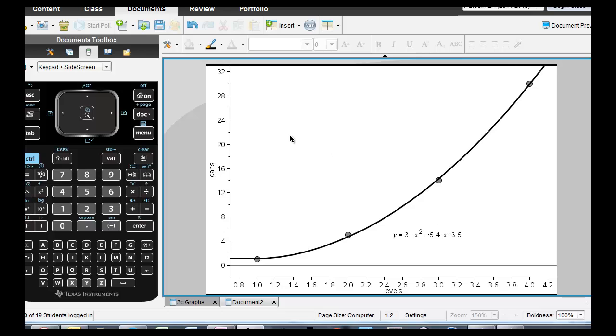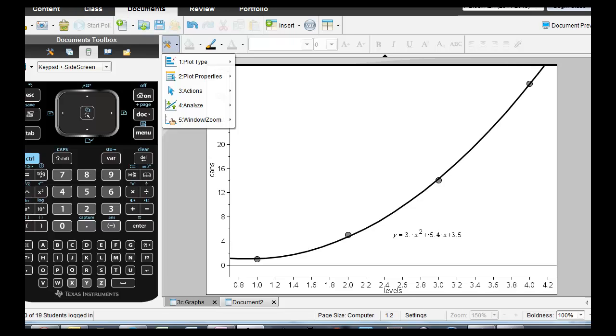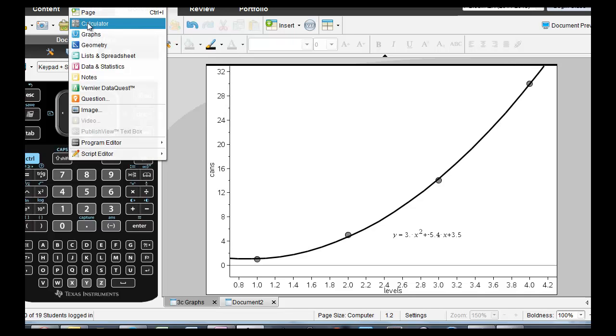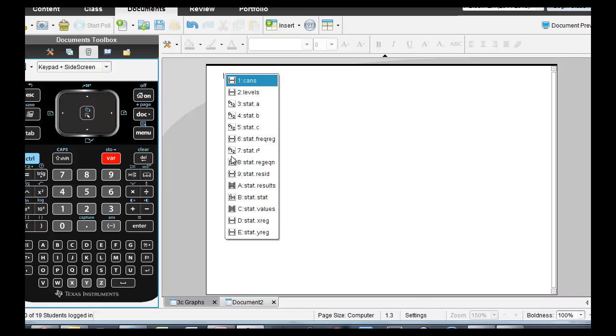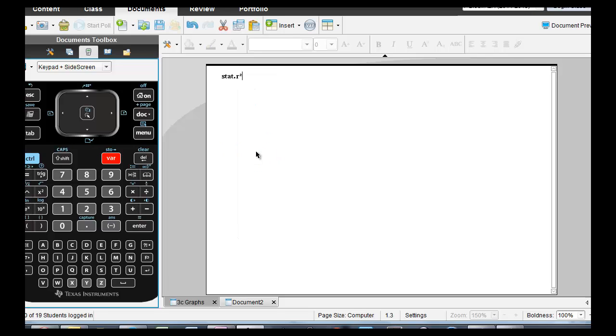Let's look at our r squared variable. In order to do that, I'm going to go over to a calculator page, look at my variables, and pick the stat r squared variable. It says 0.999598. That's a pretty good fit.